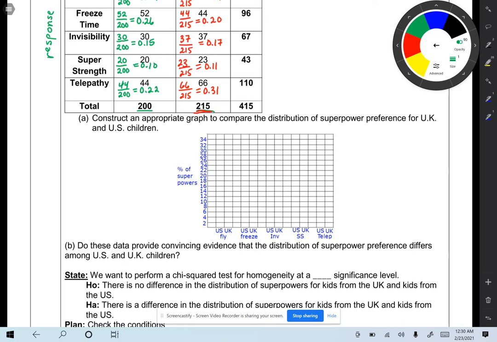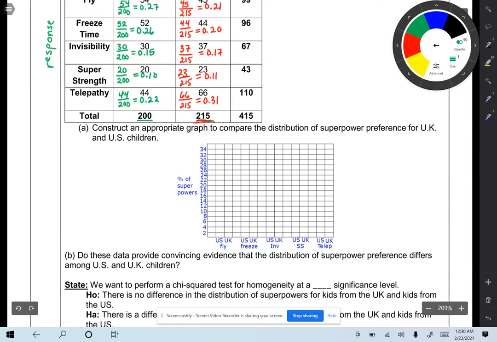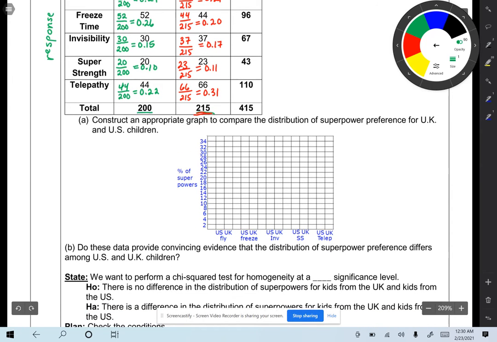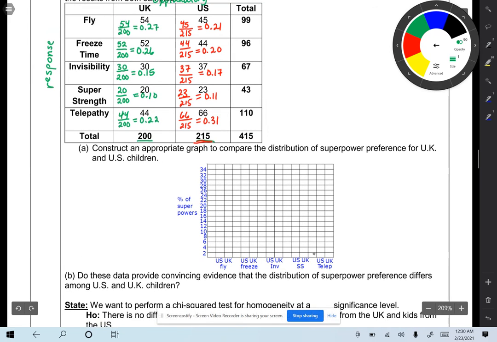So UK, 27% chose fly. So I should do US first since it's right there. So I'll do US first. So 21. And then 20% chose freeze time.